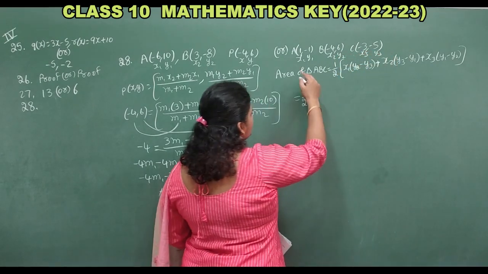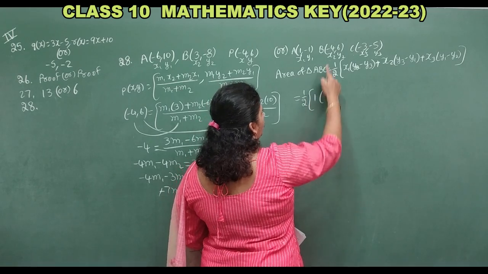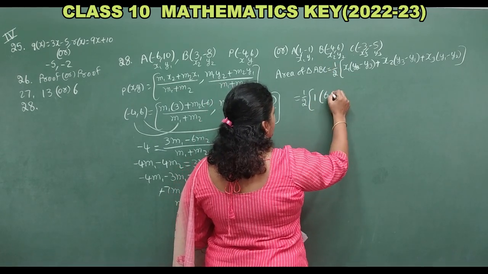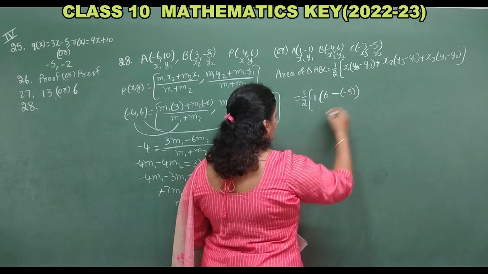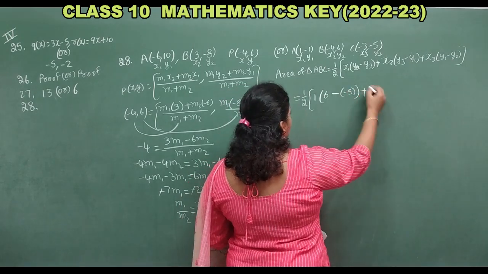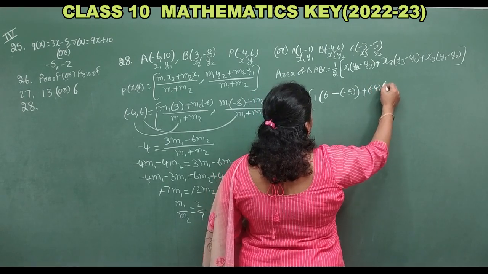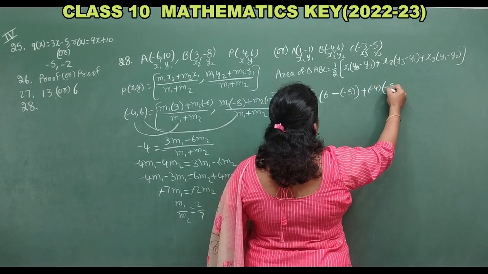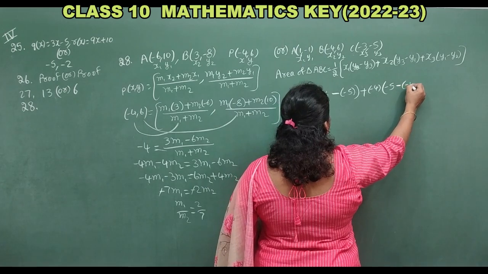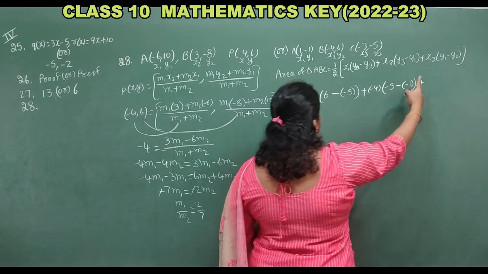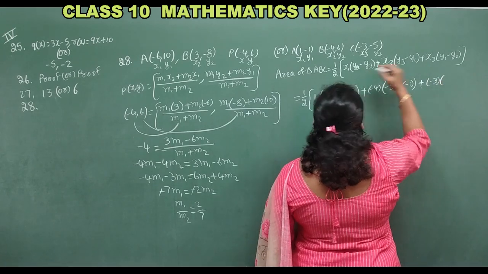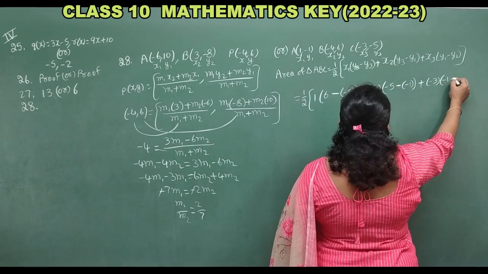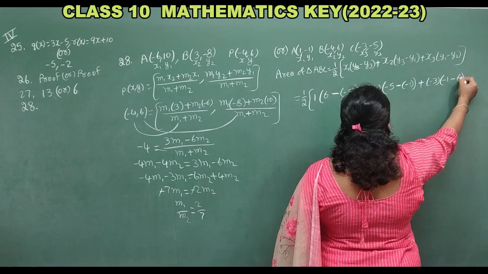Right? x1 is 1 into y2, 6, minus y3 value, minus 5, put it in bracket, plus x2, minus 4, into y3, minus 5, minus of minus 1, plus x3 value, minus 3, into y1, minus 1, minus y2, minus 6.